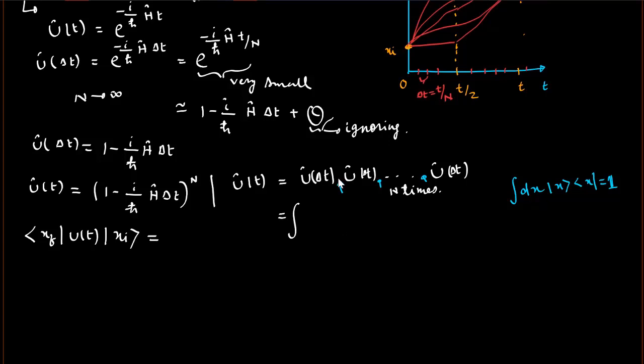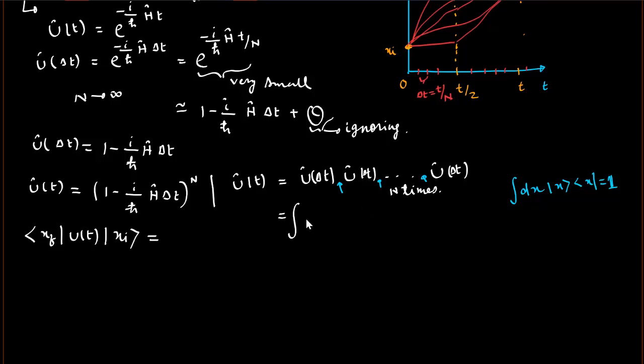Integration for this term, this is the k plus 1 term, so d of x_{k-1}, the nth term, the n minus 1 term, and for this term d, let me write in this way.